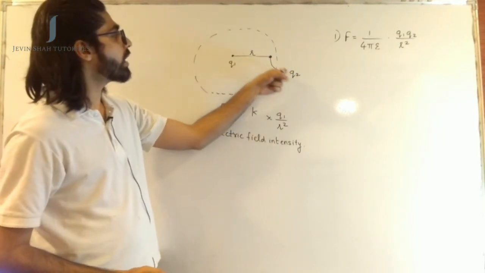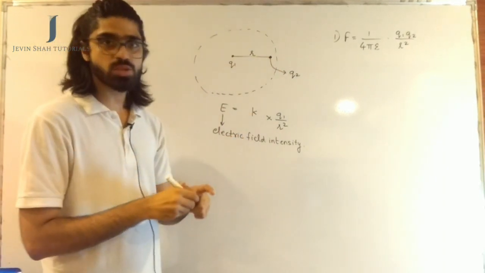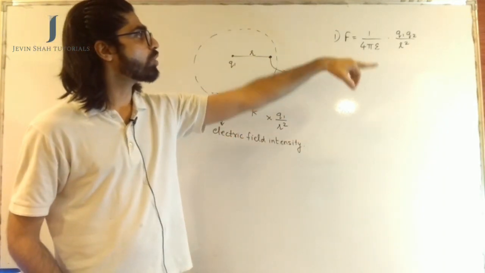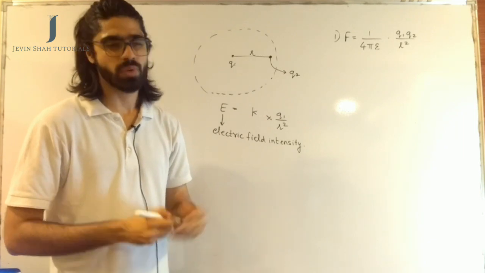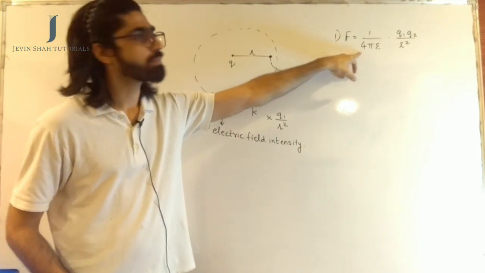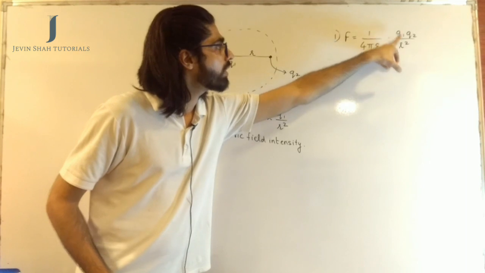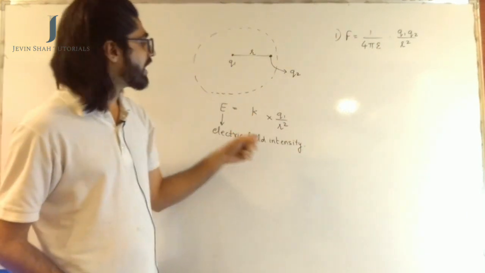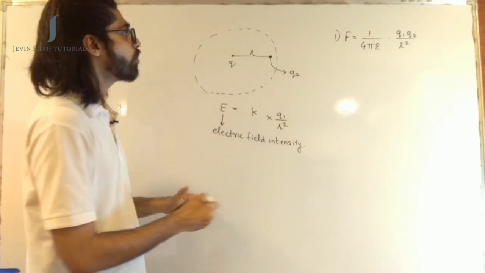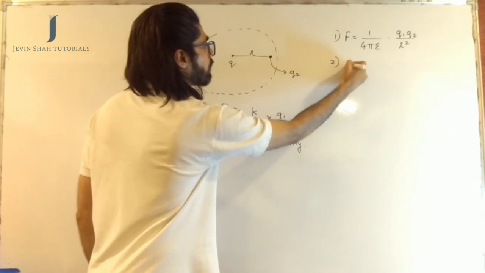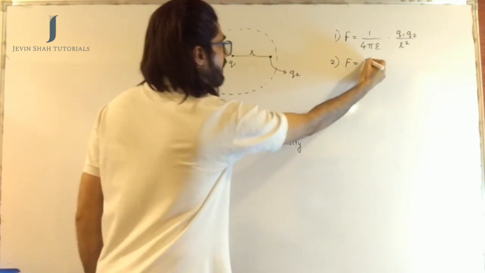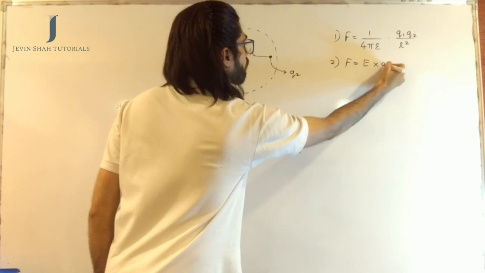If we put a charge Q2 at this point, the force experienced by Q2 is going to be 1 upon 4 pi epsilon naught Q1 Q2 by R square. But check that formula very carefully. K into Q1 upon R square is actually the value of E. So I can say that the force experienced by Q2 is given by E multiplied by Q2.